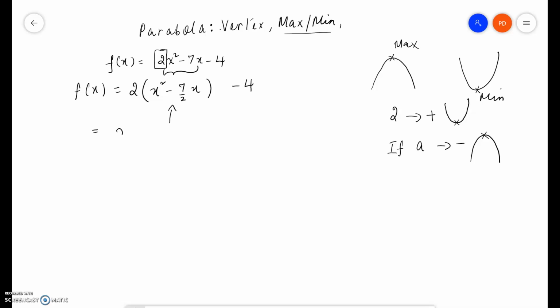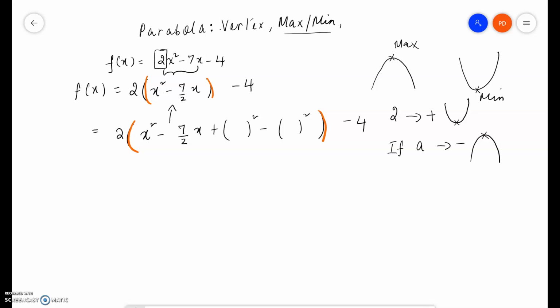So that would give us 2 times x squared minus 7 over 2 x plus something squared minus something squared, minus 4. Make sure you have parentheses in the right places. So remember, we have parentheses here and we carry that to the next step as well.